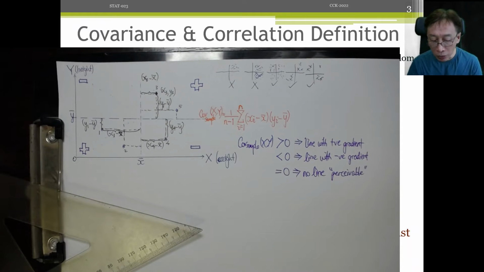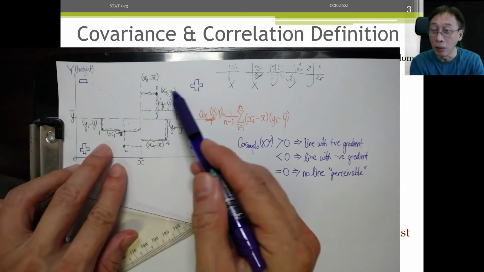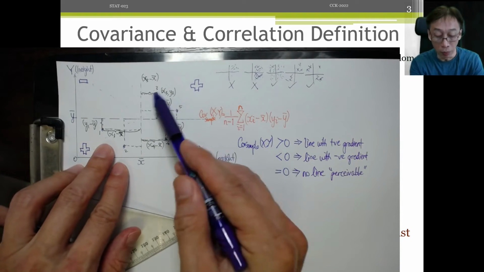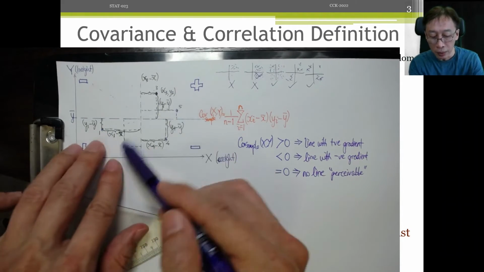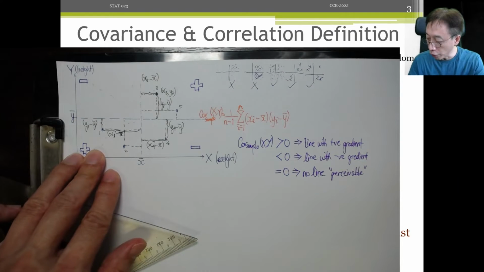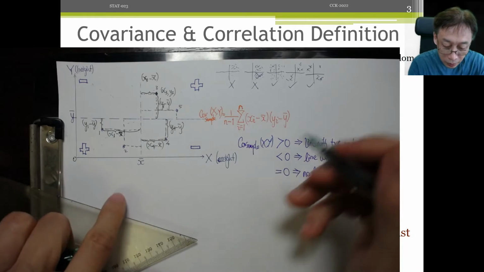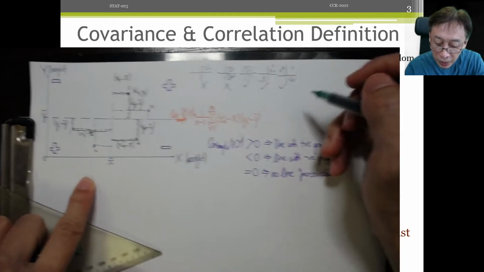Another way to think about it is that if most of the data points are clouding around quadrants 1 and 3, then we do have some sort of a linear indicator.